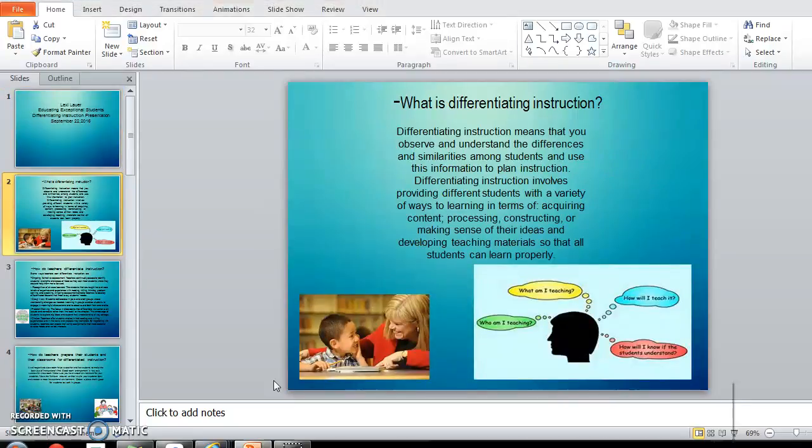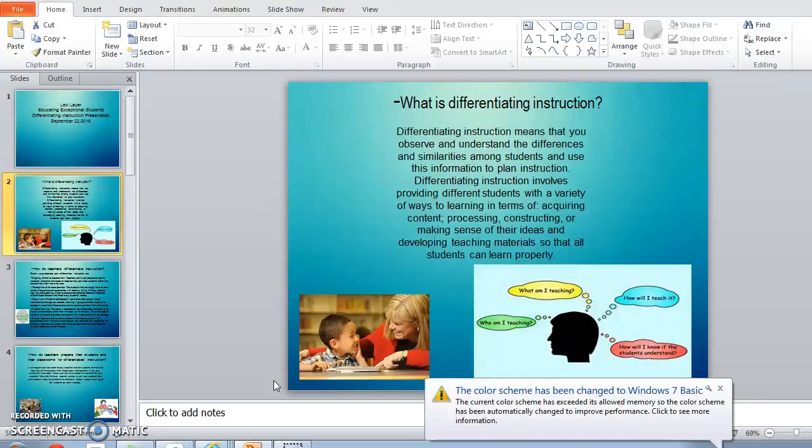So what is differentiating instruction? Differentiating instruction is a way to reach students with different learning styles and different learning abilities. It helps them absorb information and gives them different ways of expressing what they have learned.